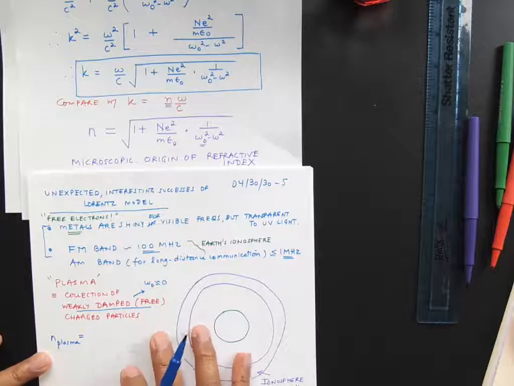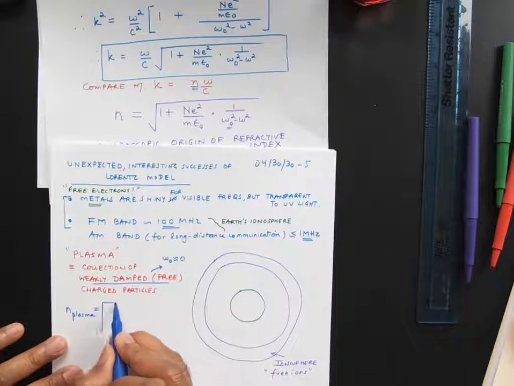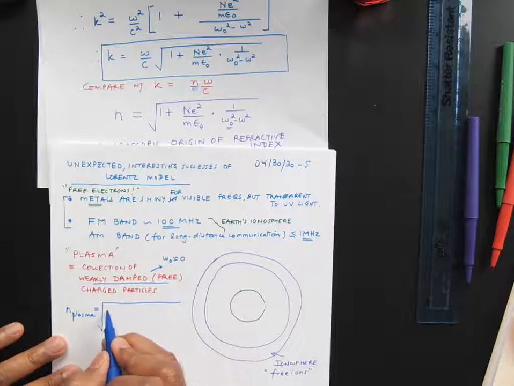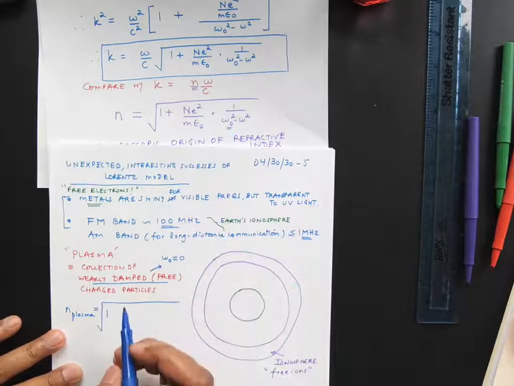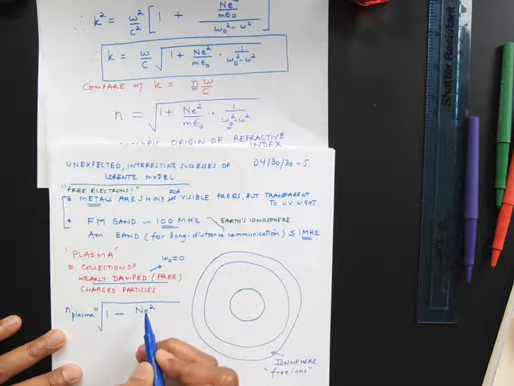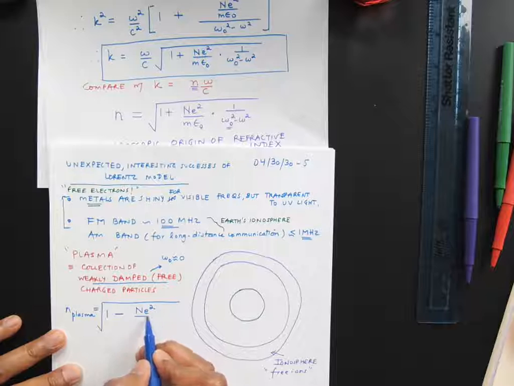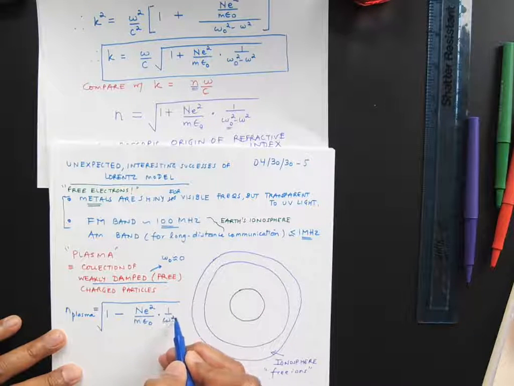So now the refractive index for the plasma, and I'm just using that same solution, is the square root of 1, and the omega naught goes away, so you're left with 1 minus NE squared over M epsilon naught times 1 over omega squared.